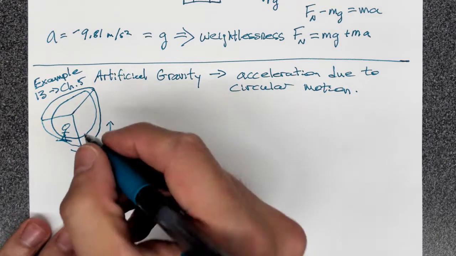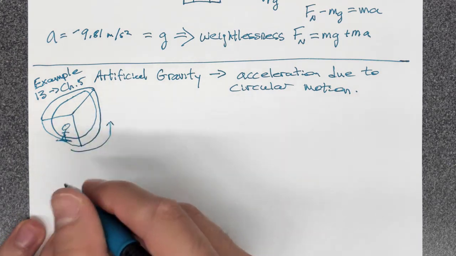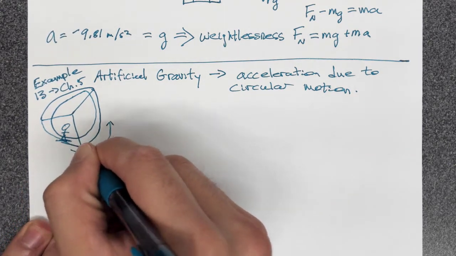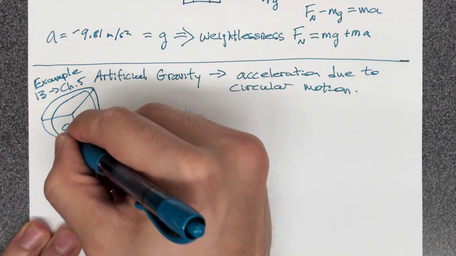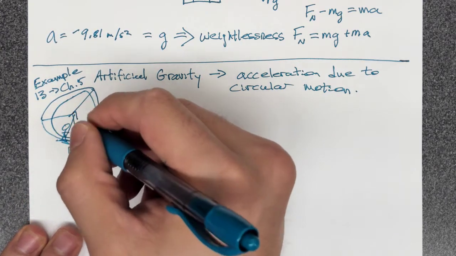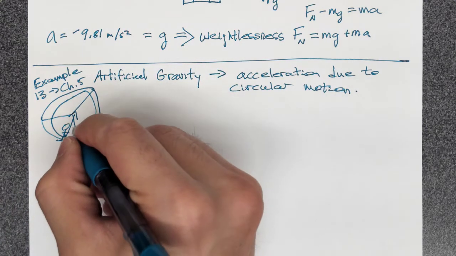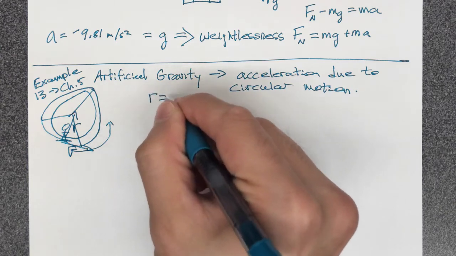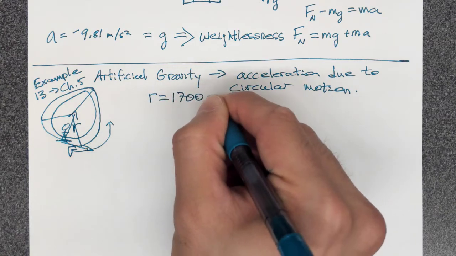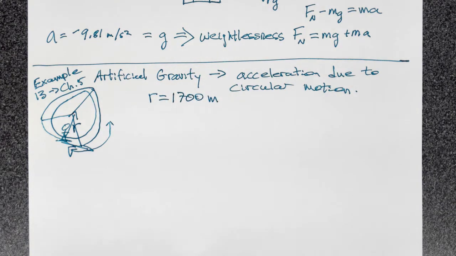We'll see that if you have an object moving, say for example this person that has a tangential velocity v, and he or she is a certain distance from the center of the object, so there's a radius here. In example 13, that radius is actually 1700 meters. What speed is required for the centripetal acceleration to equal the acceleration of Earth?